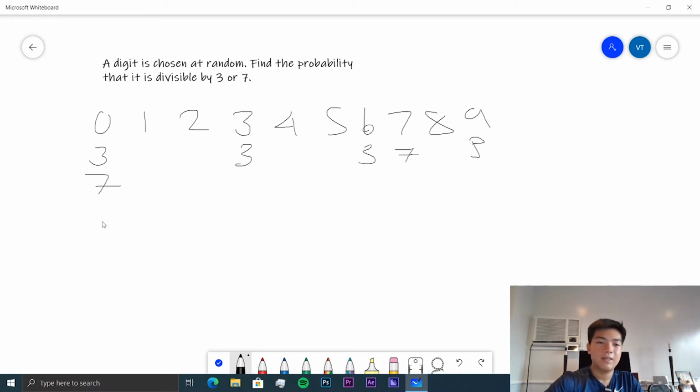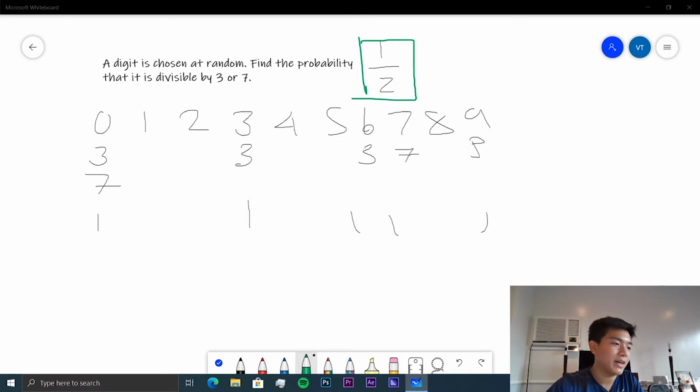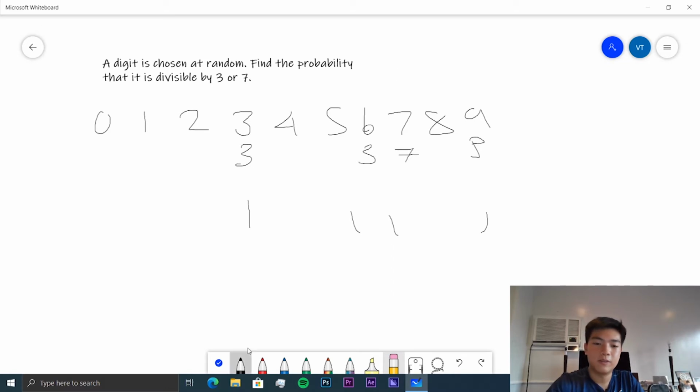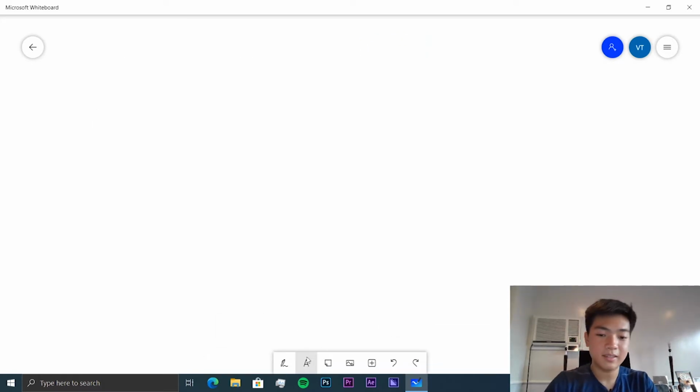So there are 1, 2, 3, 4, 5 out of the 9 digits that are divisible by 3 or 7, so the probability should be 1/2. I'm just not sure if we're counting 0. Yeah, so they're not counting 0. So 0 does not count. Never mind, so this is actually 4 over 10, or 2/5. So yeah, that's cool. Okay, on to the next one.